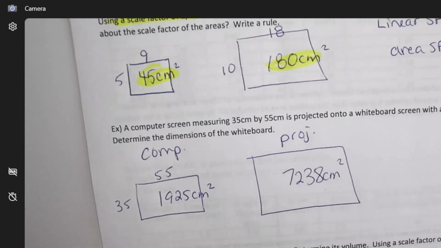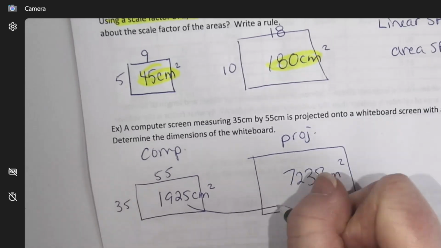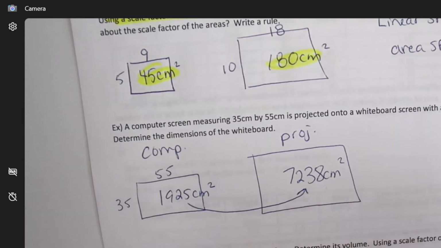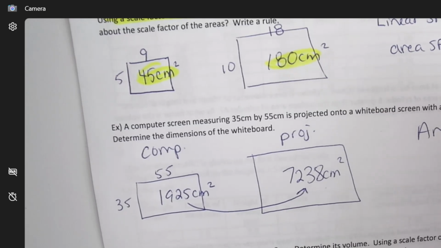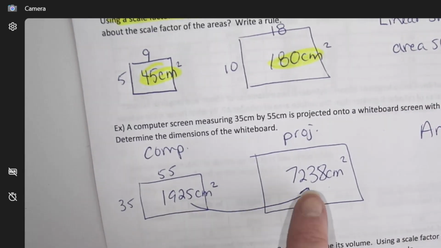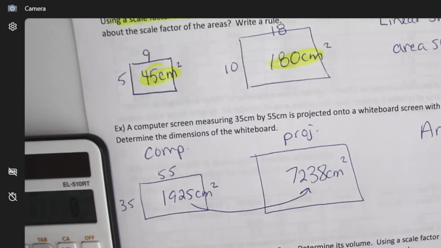Okay, so here's my next question. How many times bigger is the area? How many times bigger is that area? This to this, how many times bigger is it?